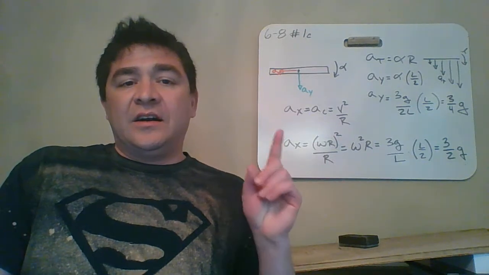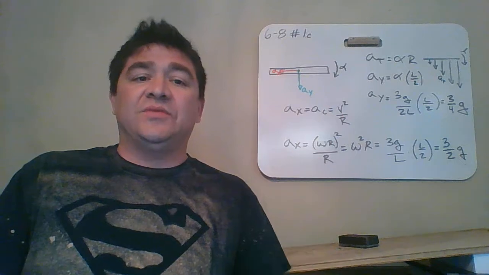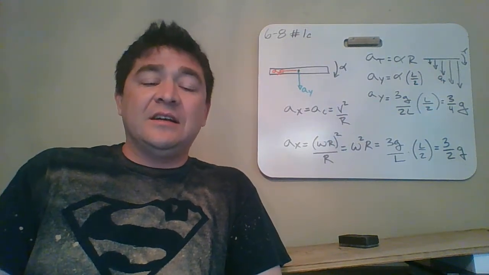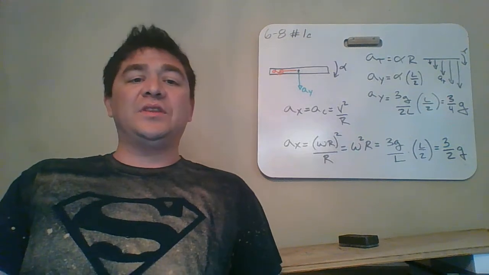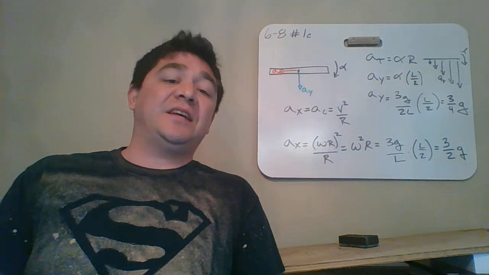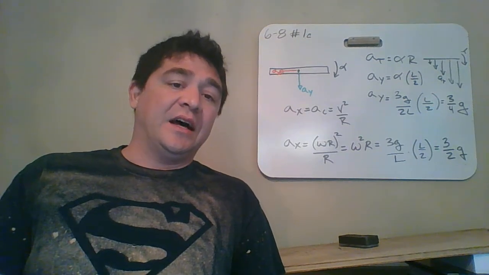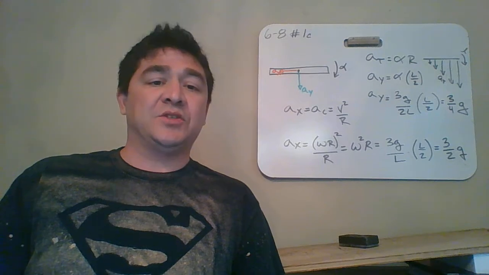So our acceleration in the x is actually our centripetal acceleration, which we can find if we knew the velocity at that point and the radius at that point. Good thing is, we know all those things from part A. We can find the tangential velocity using the angular velocity that we found in the first part.